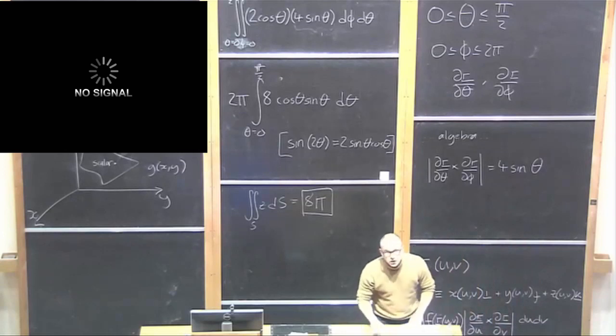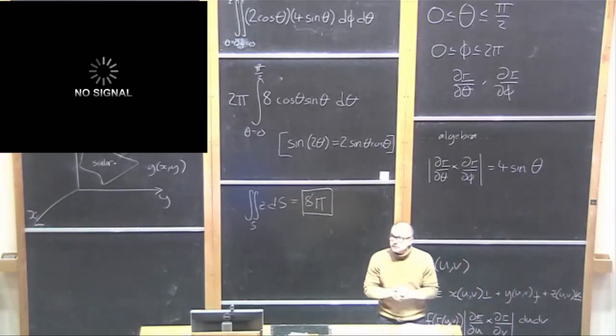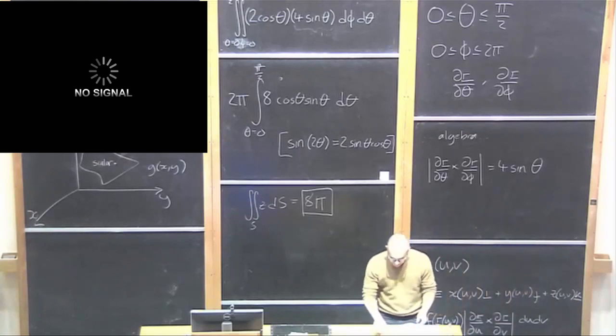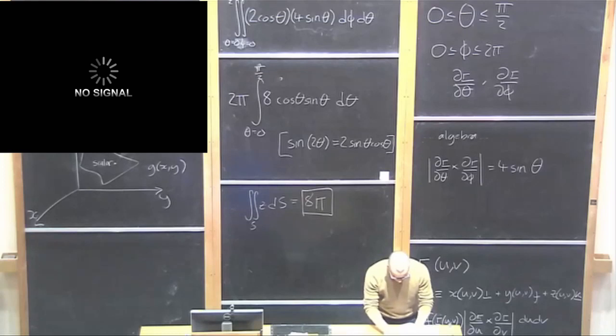So those are 2 examples of scalar surface integrals. They're the simpler flavour of surface integral, where you're already given the value of some scalar at the surface that you're integrating over.